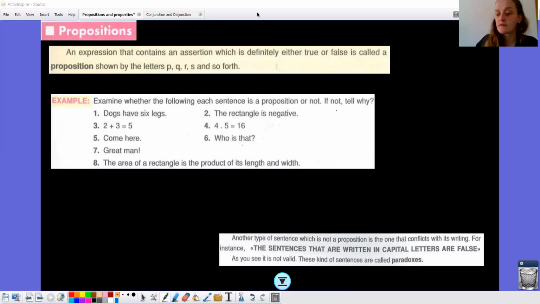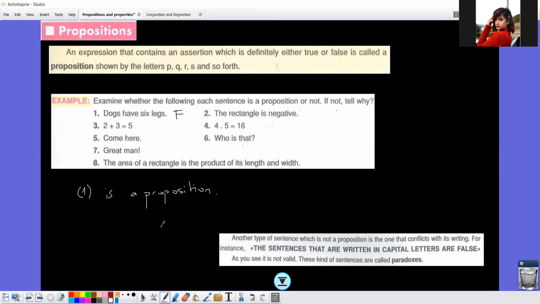I think yes, teacher, because a proposition is either right or wrong. Yes. So we can say exactly that this is a false sentence. Dogs don't have 6 legs. They have 4 legs. Because this one is a false sentence, it is a proposition, okay?